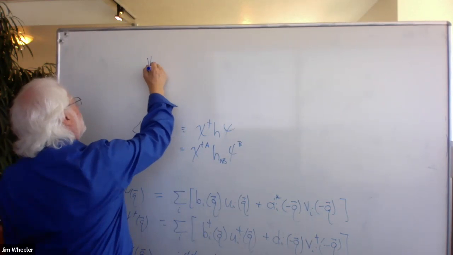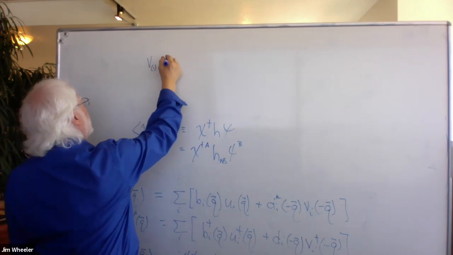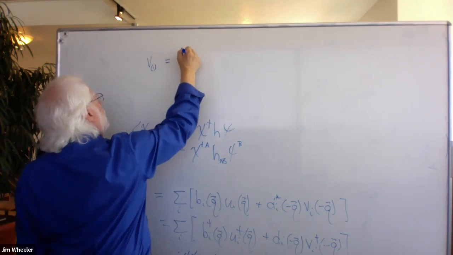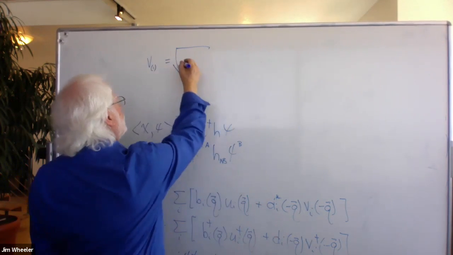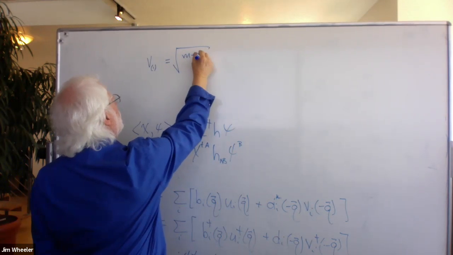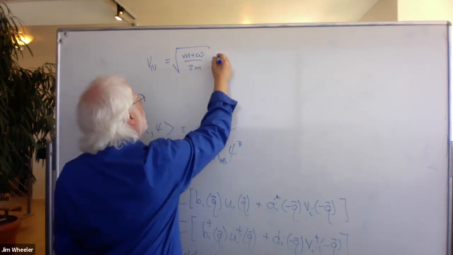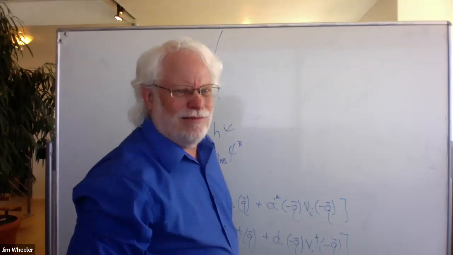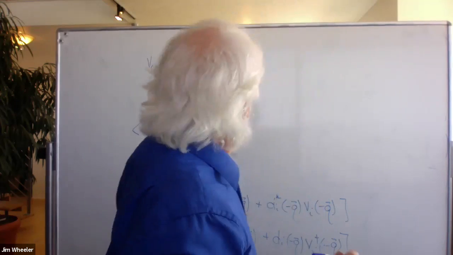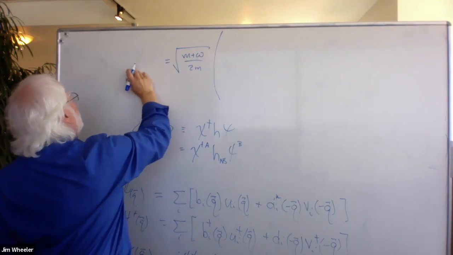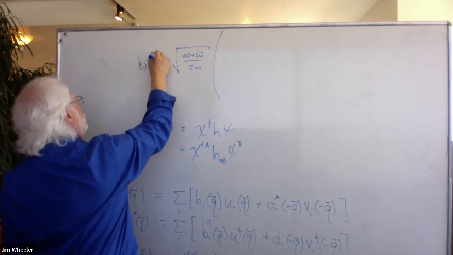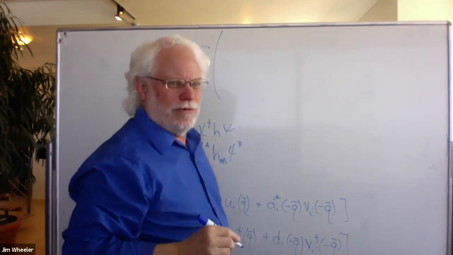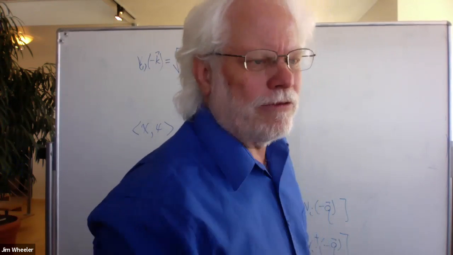Now V, let's say V1, we've got this normalization, (m plus omega) over 2m. And then what I want here is V of minus K.